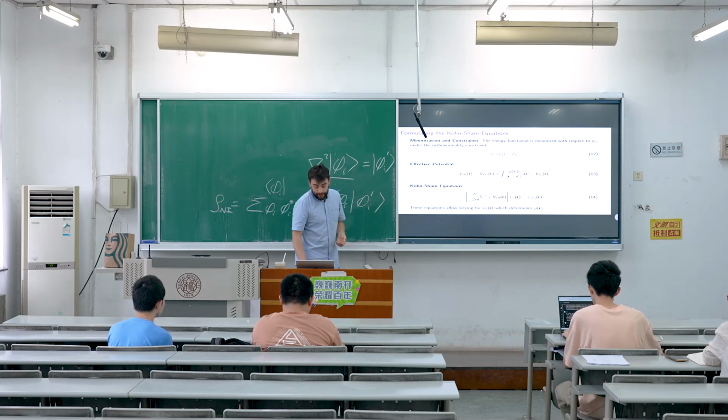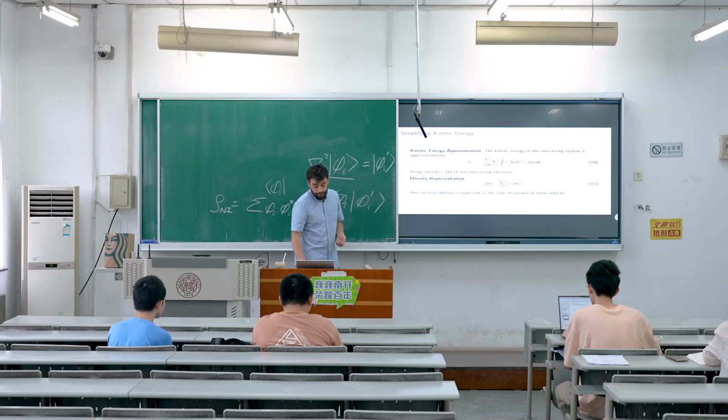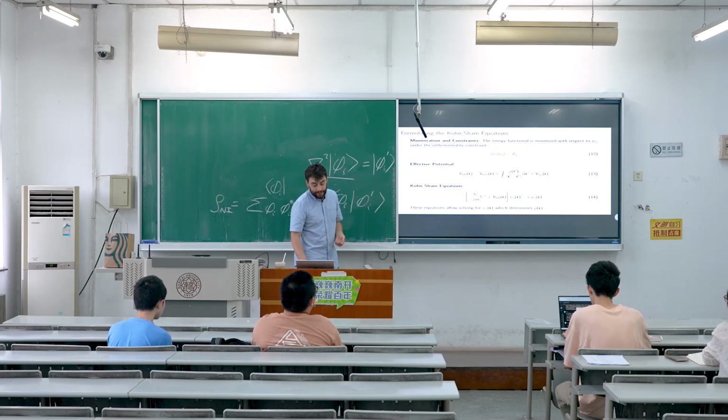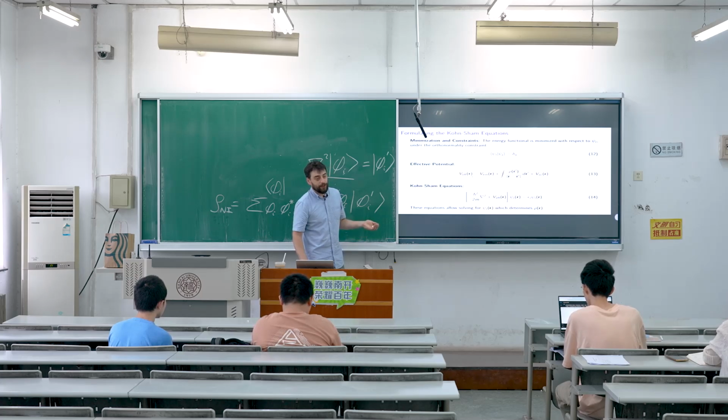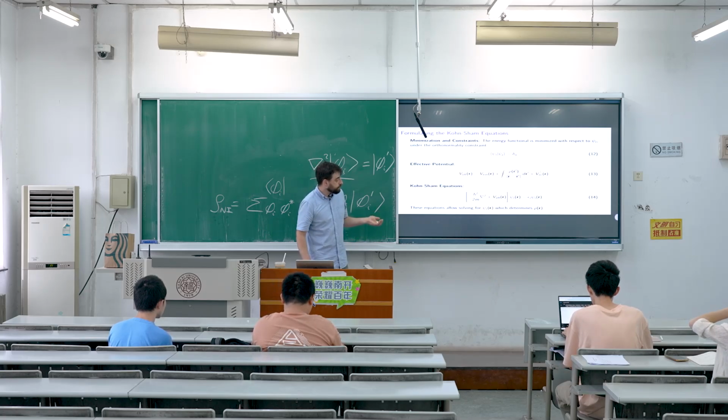So if we can calculate the density in that way, we can feed the density into the density-dependent terms like the external potential, the external potential energy we would need the density for, the Hartree potential and the exchange correlation term.